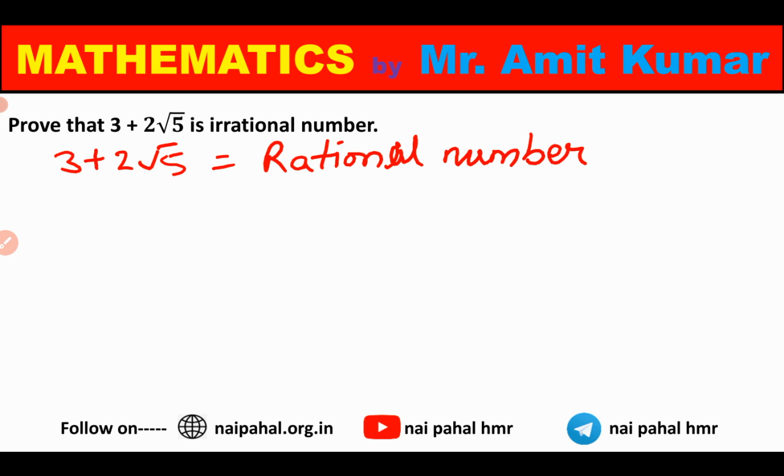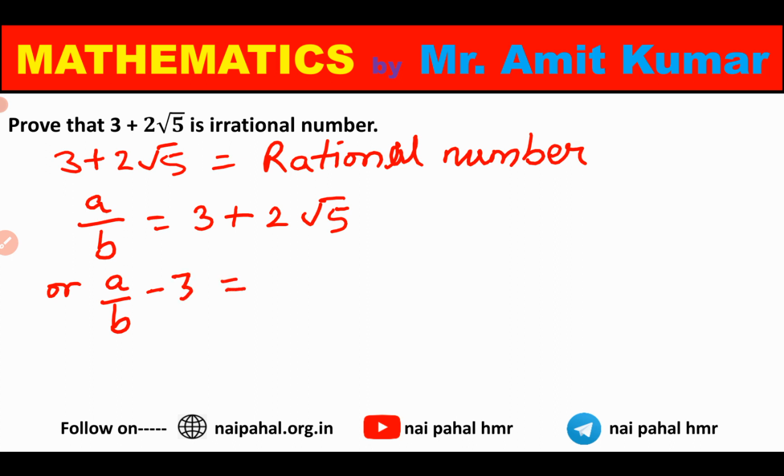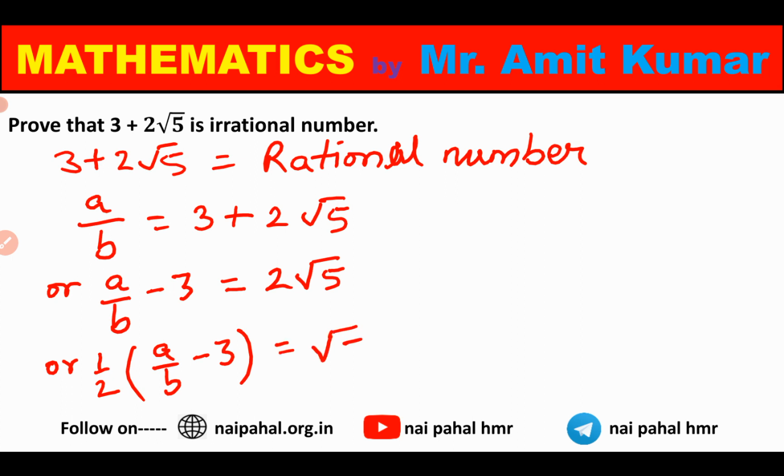That means there are two integers a and b such that a upon b is equal to 3 plus 2 root 5, or we can say that a upon b minus 3 is equal to 2 root 5, or half of a upon b minus 3 is equal to root 5.